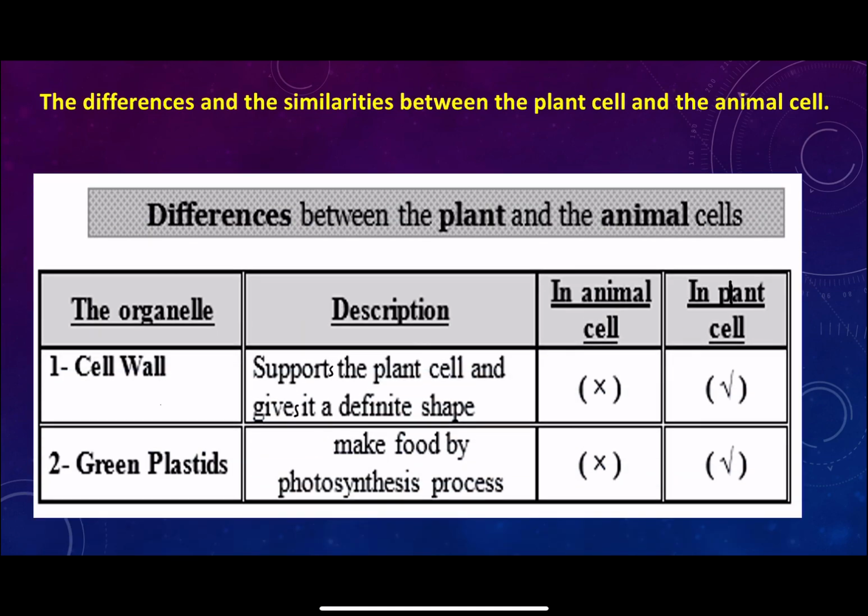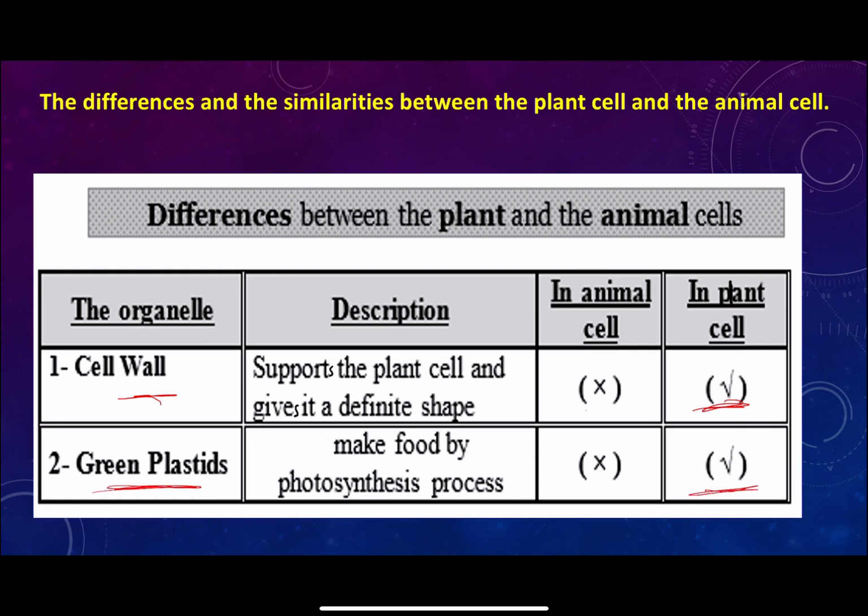But before we describe the functions, I need to know what the differences and similarities are between the plant cell and animal cell. We will find that the plant cell is characterized, compared to the animal cell, by the presence of the cell wall, as you see in this picture, and also green plastids or chloroplasts.